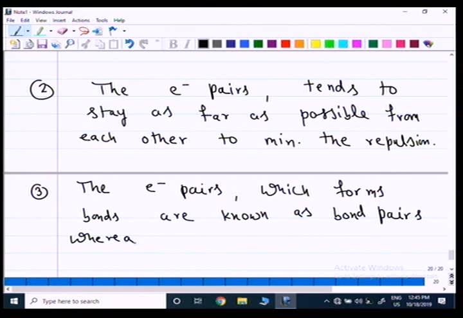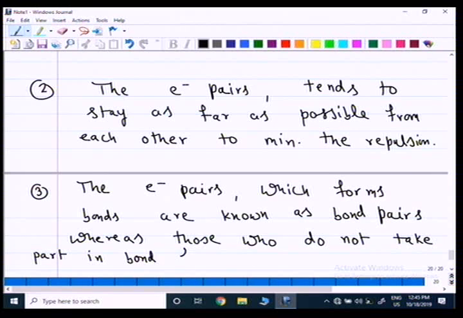Whereas those which do not take part in bond formation are known as lone pairs.